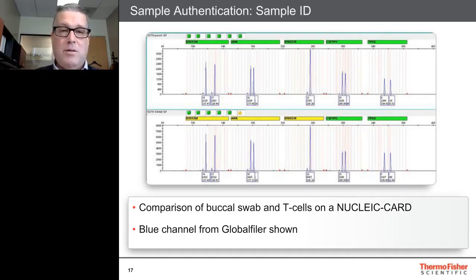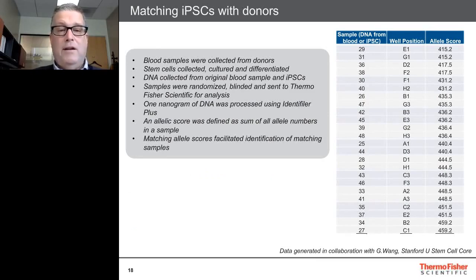What we've done is taken buccal swabs from an individual, and T cells from an individual, putting them onto the nucleic cards and getting a profile of the alleles present in these two different samples. We're just showing one of the channels here from the GlobalFiler kit, and you can see that in the blue channel we get a perfect match of the T cells to what we got from the original buccal cells, giving us confidence that the T cells actually came from the individual in question.